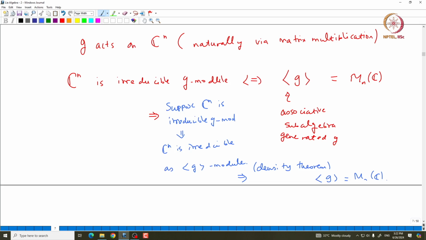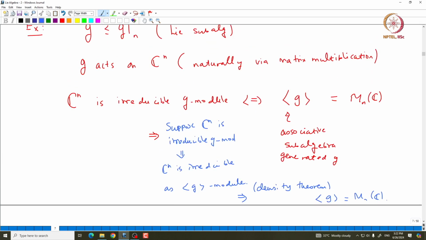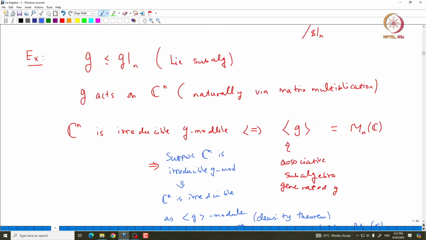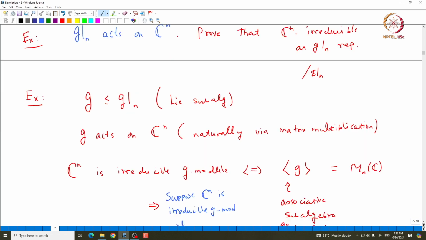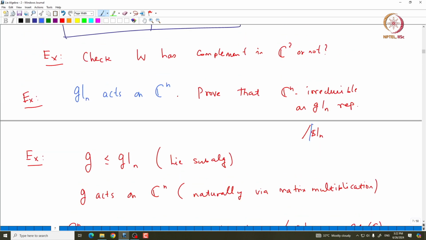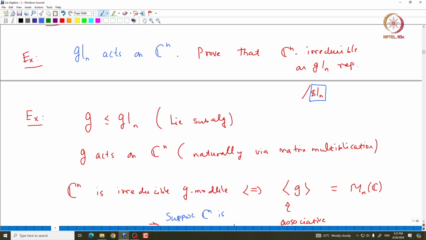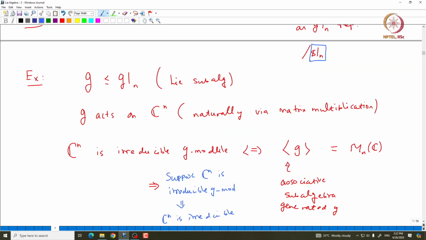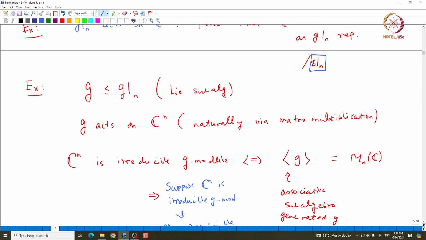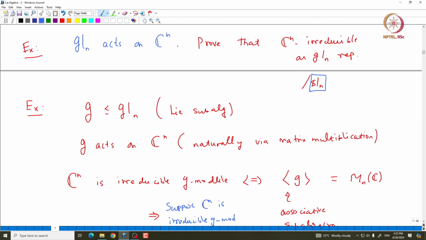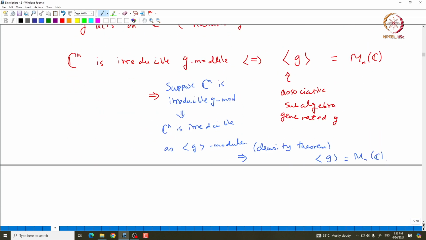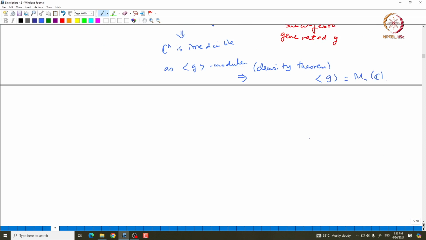Okay. So, now you can actually check when Cn can be irreducible for some subalgebra G. So, now it is an easy exercise to see that SLn actually generates Mn of C as an associative subalgebra.